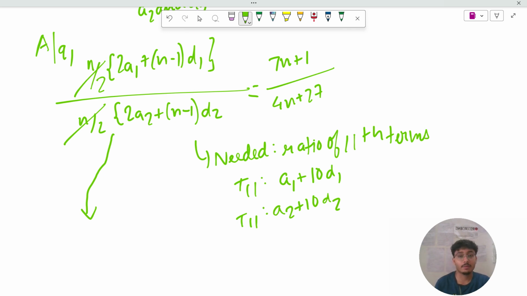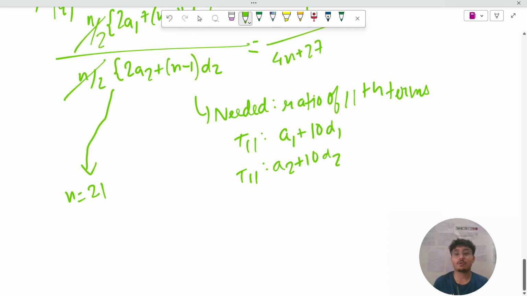A very simple trick: if n is odd, then n minus 1 would be even and divisible by 2. So I just put n equals 21. Since 21 minus 1 comes out to be 20, and if I divide it by 2, it simply becomes 10d1, which is ultimately what we need.